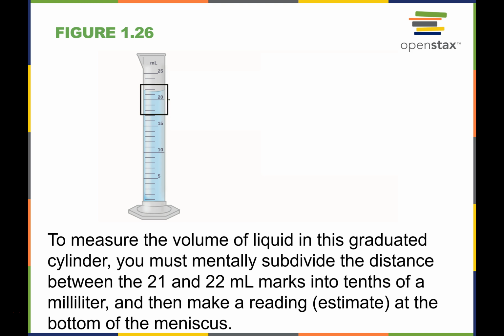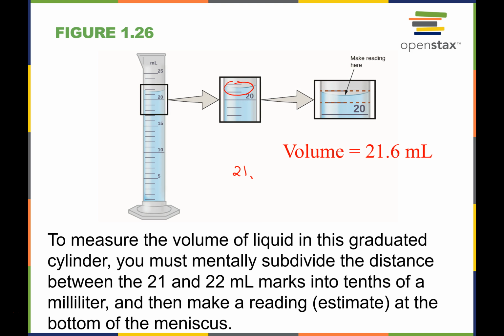Do you see where this little meniscus, we call that the meniscus, is not on 21 and not on 22? So it's between 21 and 22. The rule of thumb is you give it 21 point, and then you estimate. This slide has estimated, it looks like 6 clicks, 6 out of 10 up between the 21 and the 22.